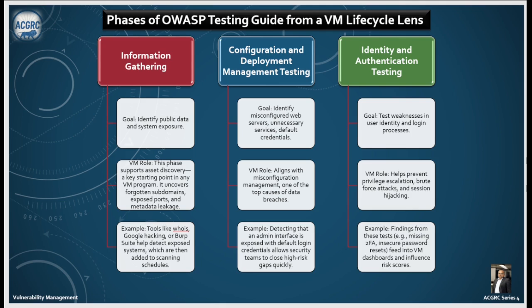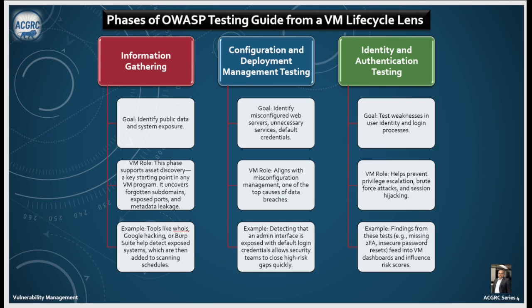The common techniques used in this are DNS enumeration, which is finding related domains and IPs. Doing a whois lookup, that is getting ownership and registration information. Port scanning, checking for open ports that may expose services. Banner grabbing, which reveals server and software details.